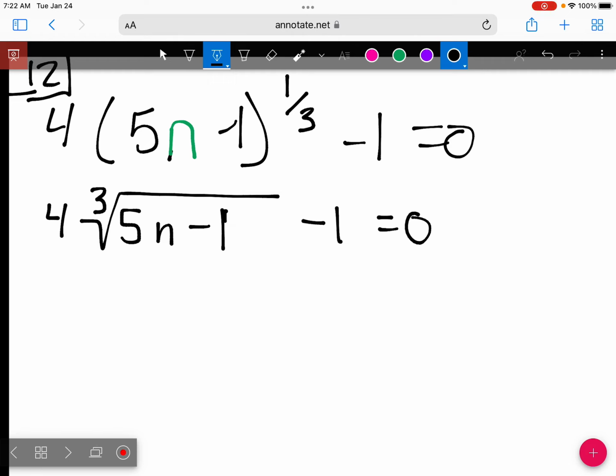Those two things are identical, aside from the handwriting looking like garbage. So if you prefer this one, use it. If you prefer this one, use it. It's the exact same process.